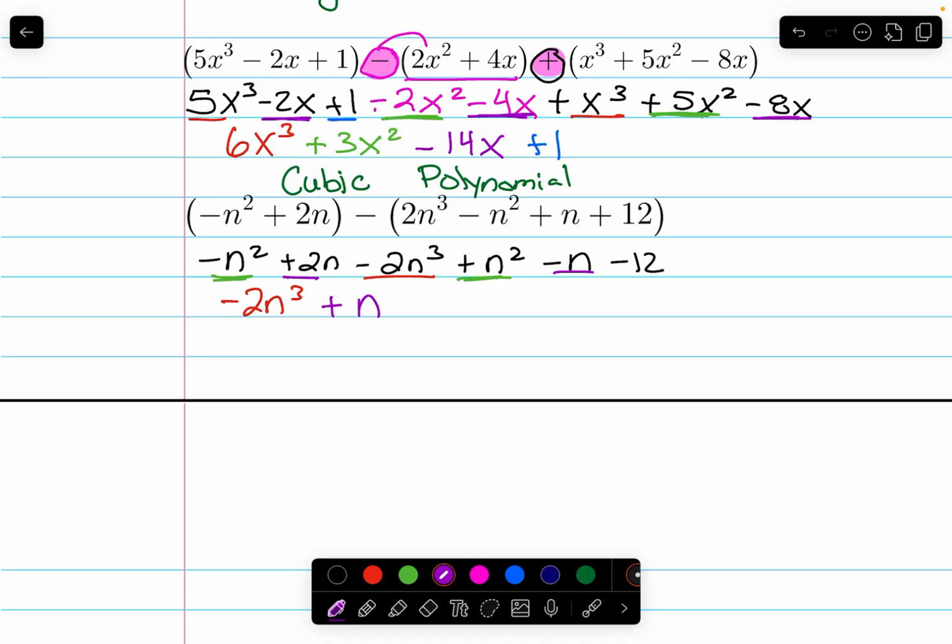You won't see someone write the 1. We like to write as little as possible. And then minus 12. And again, I have another cubic. That's crazy. So this is a cubic. I was supposed to write this without colors. Ha ha ha. A cubic trinomial because there are 3 parts. Cubic because the highest exponent is 3. And trinomial, there are 3 terms.